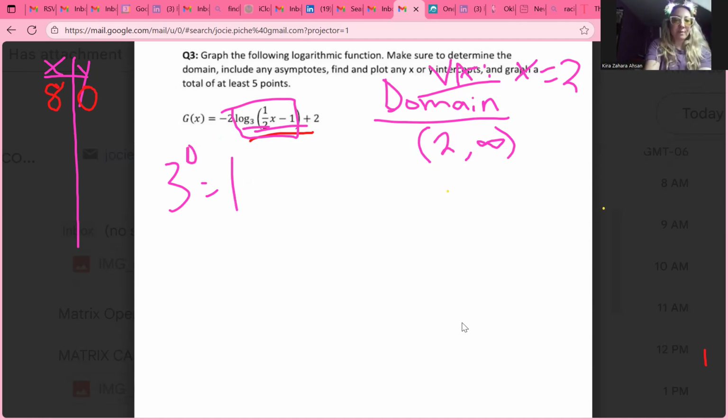Because the base is 3, what you do next is make a chart of all of your 3 exponents. What I mean by that, maybe I'll put that on the right side to make that a little smaller here. Okay.